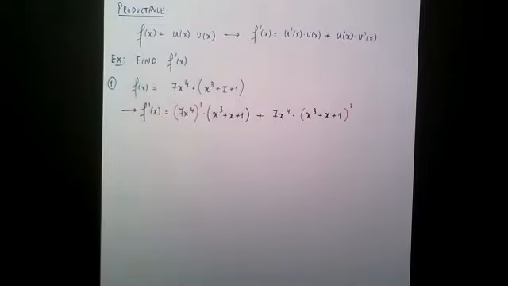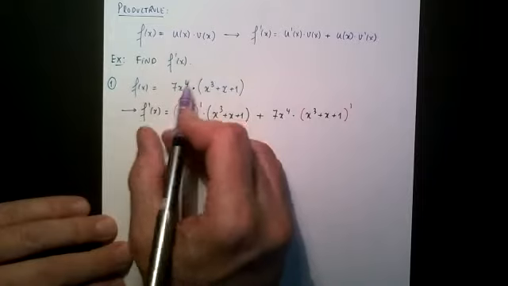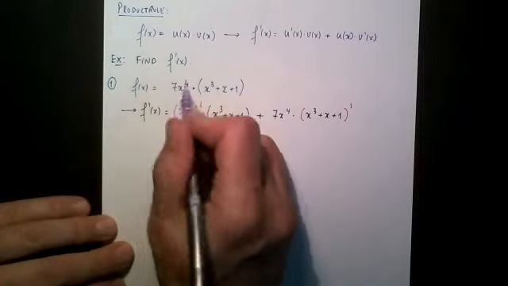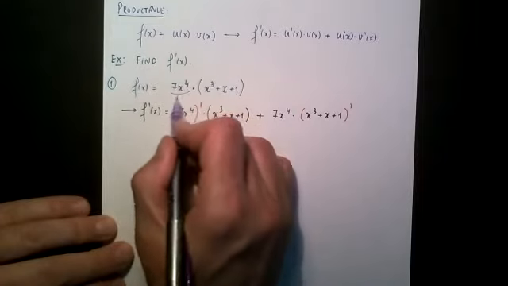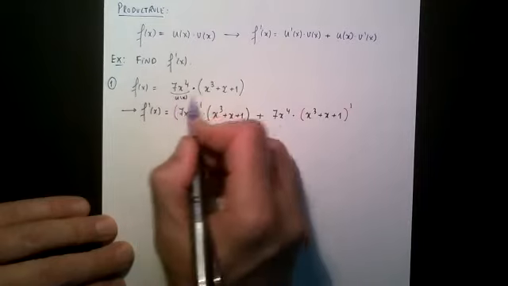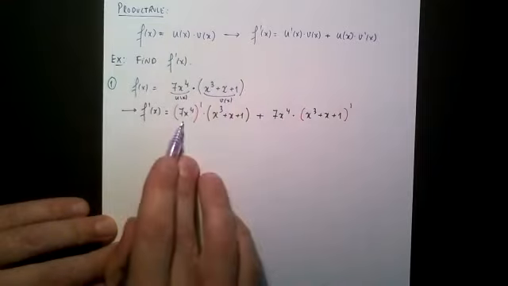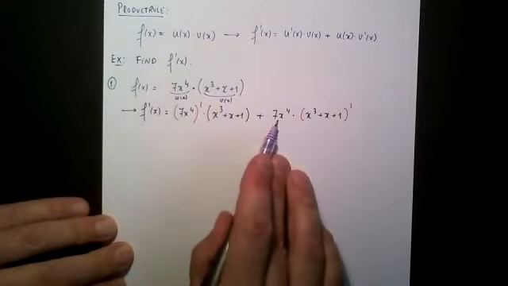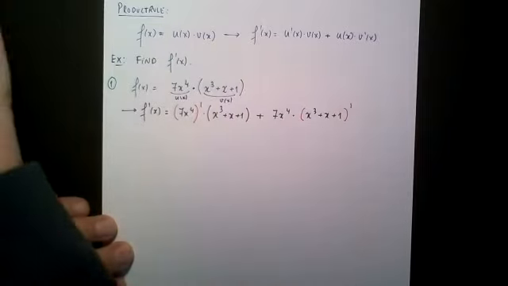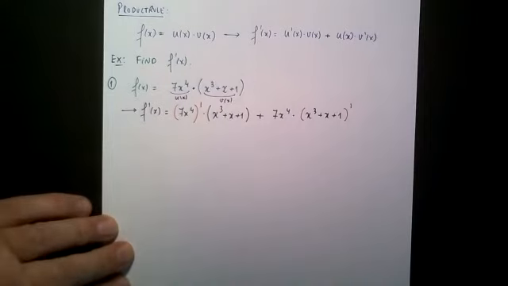That's the idea, okay? So this is u, and this is v. Okay, so u prime times v plus u times v prime. Any questions?